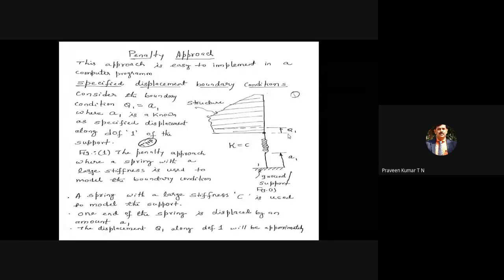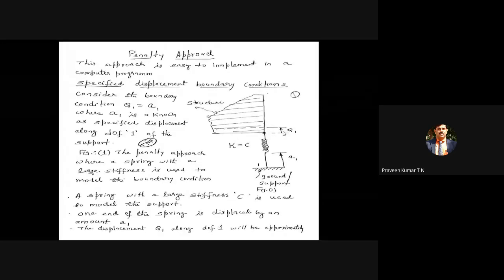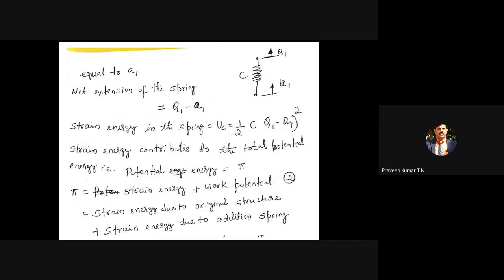Such a material cannot be developed using present technology, so that is only a theoretical concept. If the stiffness of the spring is infinite, then A1 is equal to Q1, meaning there is no deformation. But for general deformation of a spring, you studied the same spring in dynamics analysis also; you have two chapters.